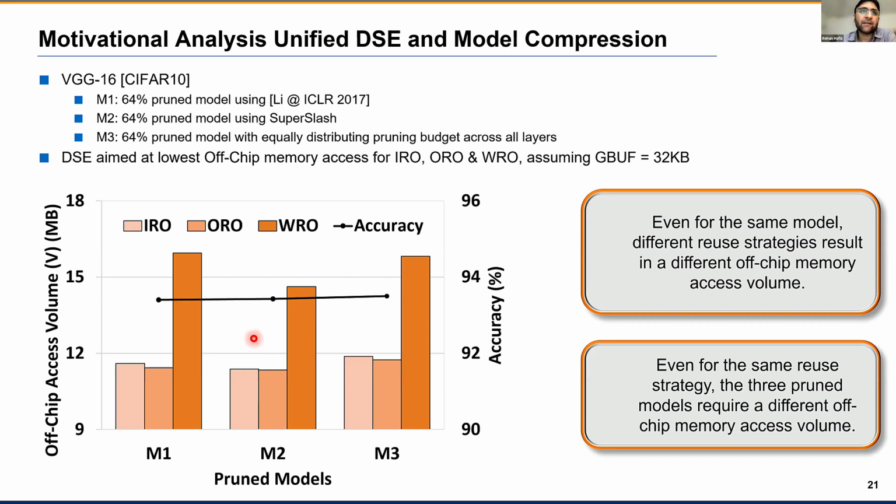As an example, if you look here and consider the weight reuse order, although all these models have been pruned by around 64%, meaning they have the same model size, even then they have different off-chip access volume.